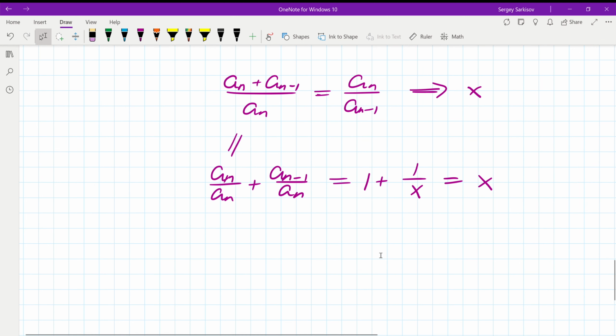Wow, okay, we just got a quadratic equation. Look, so you solve for this. Let me multiply both sides by x and slow down a little for us. x plus 1 is equal to x squared, right? Multiply everything by x, x is not 0.